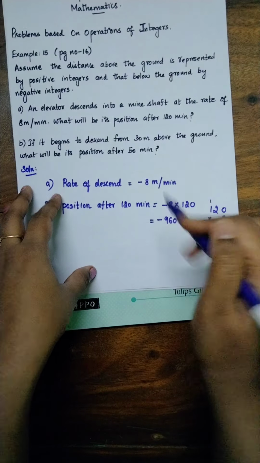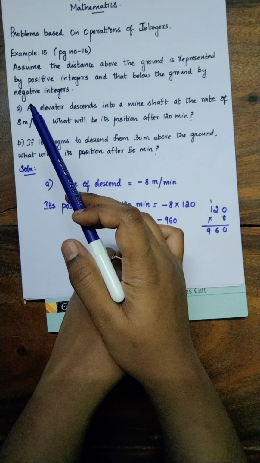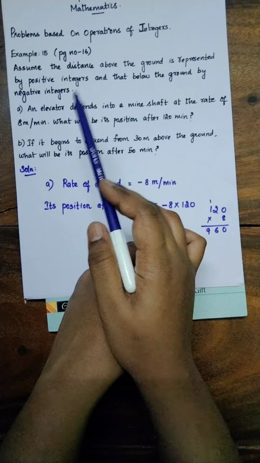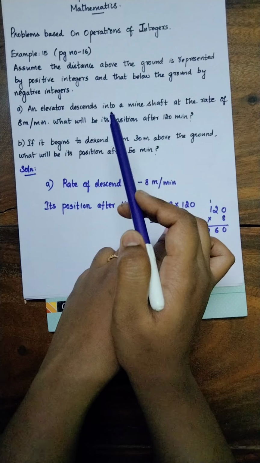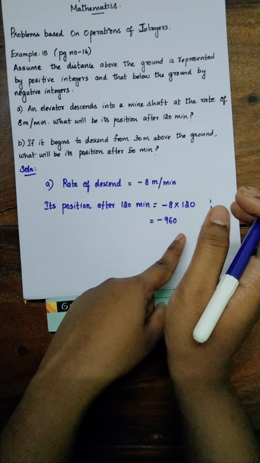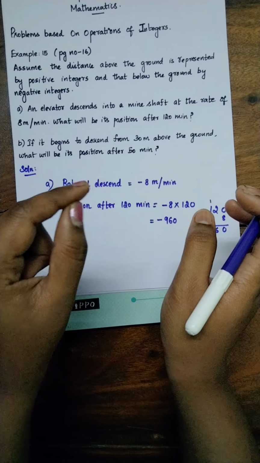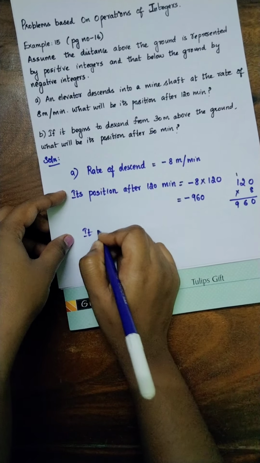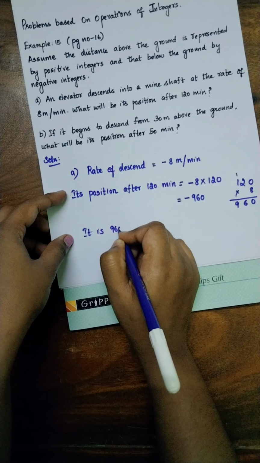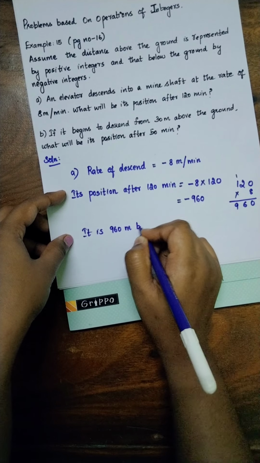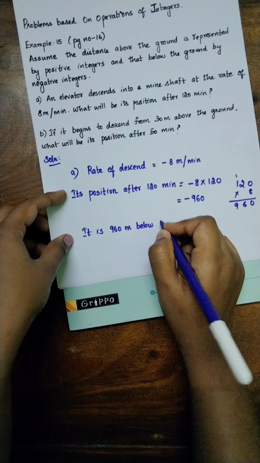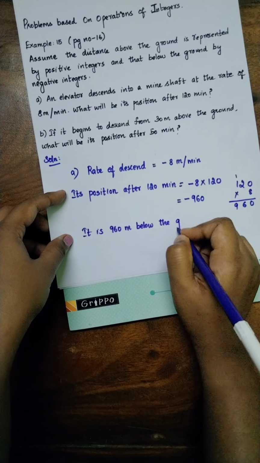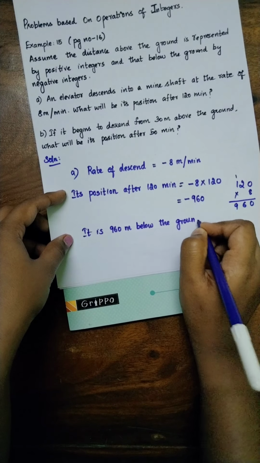Already they have told us we mention negative integers for below the ground, right? So minus 960 means it is 960 meter below the ground.